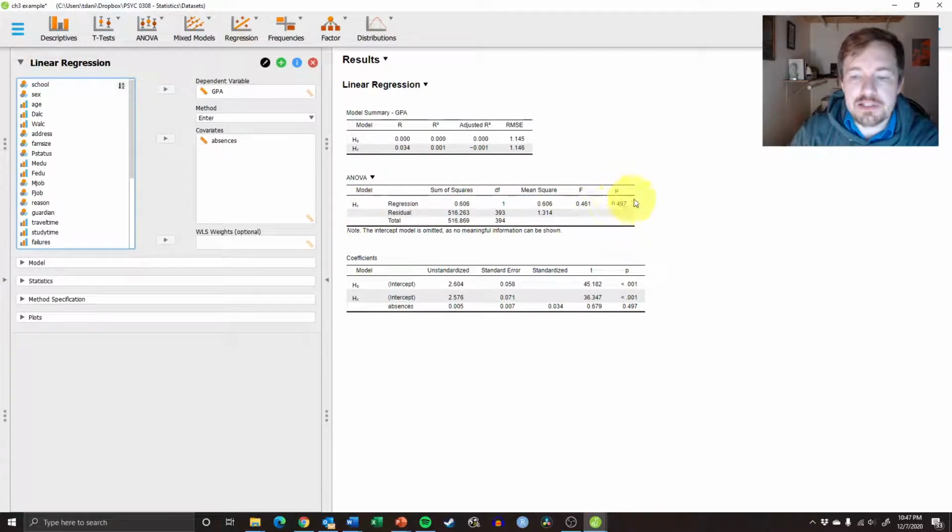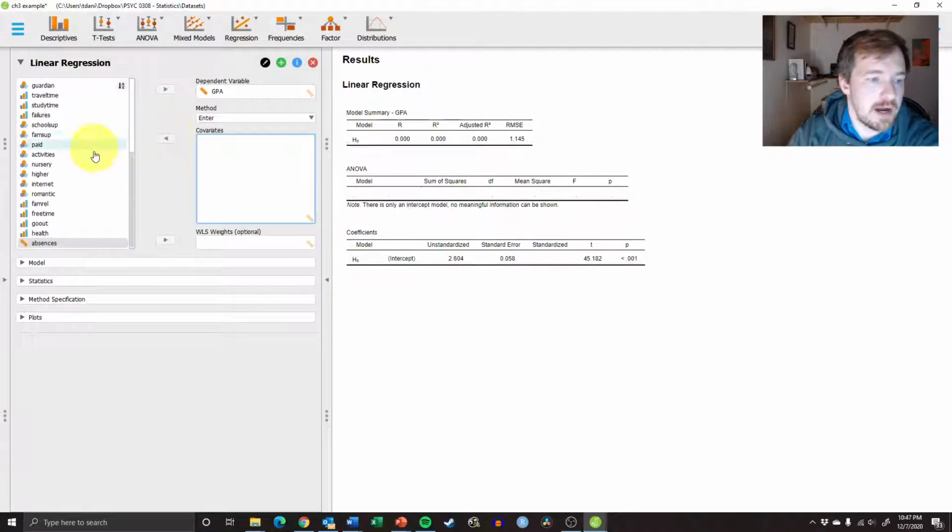And what you can see here is that p is greater than 0.05. So in other words, this is not a significantly predictive model, that our slope is not significantly different than 0, basically. So that model is not super helpful, right? So we are going to put that one back in the pile.